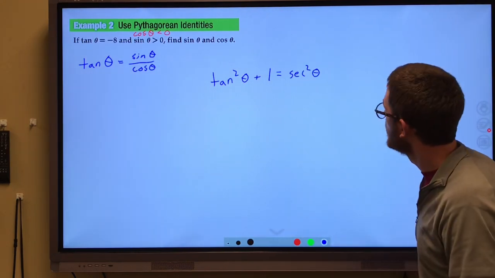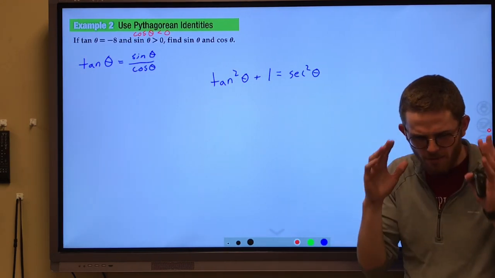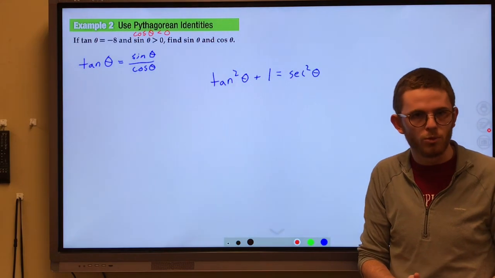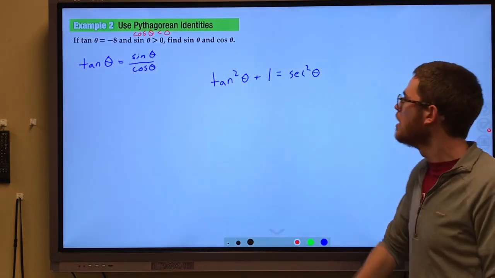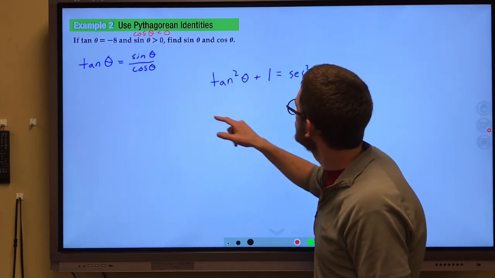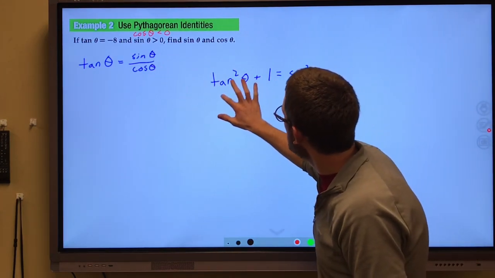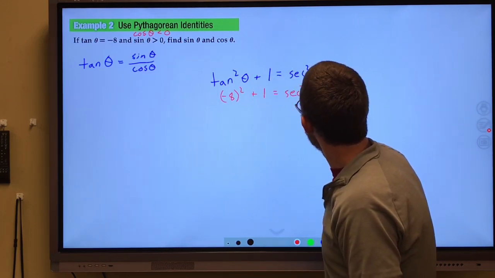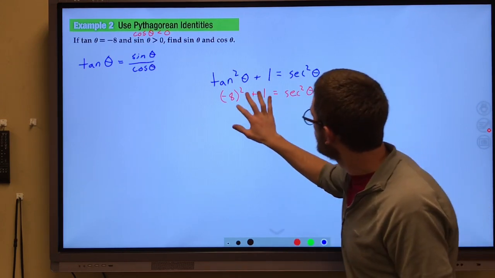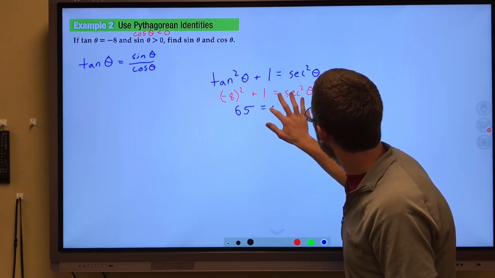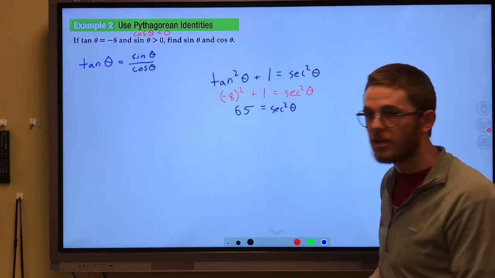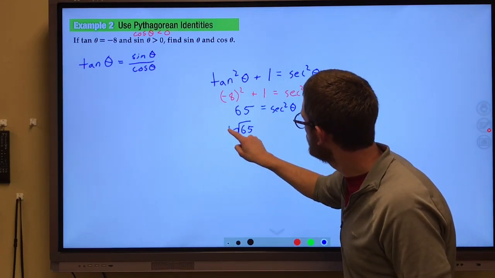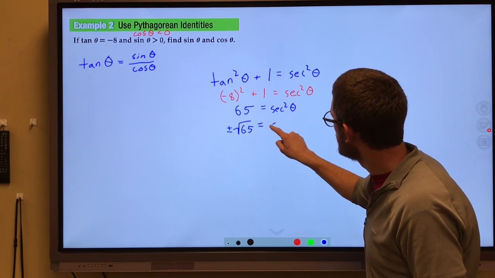So if you don't have it memorized, you can derive it in your head, knowing that sine squared plus cosine squared equals 1. I'm going to plug in my tangent, which is -8. So this is -8 squared plus 1 equals secant squared. That's 65 equals secant squared. Take the square root of both sides. That's the square root of 65, could be positive or negative, equals secant.